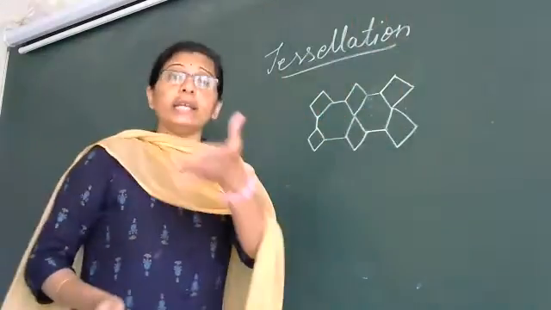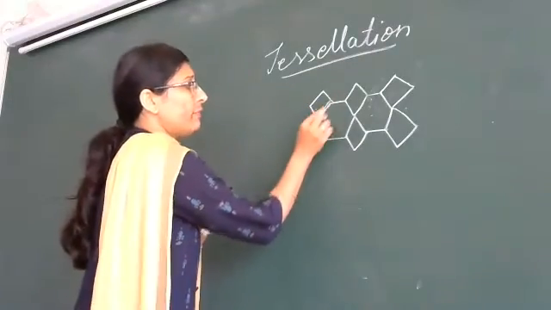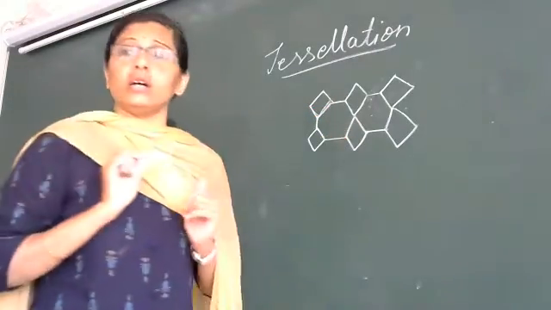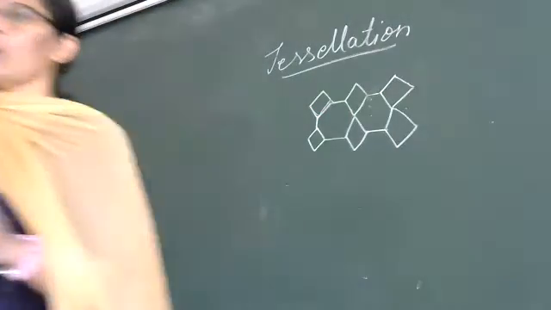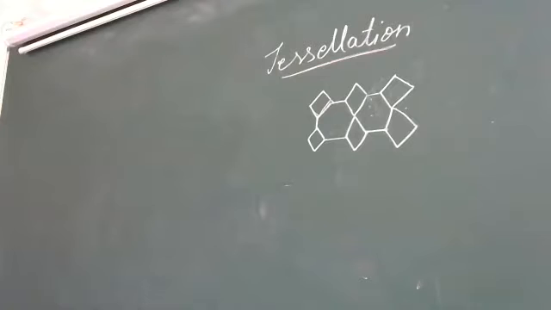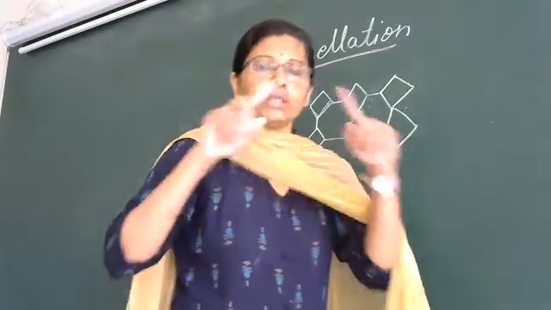Because we are getting some shape there. It is four-sided. We are getting a hexagon here. Six-sided. Yes, no. Eight, an octagon we are getting here.